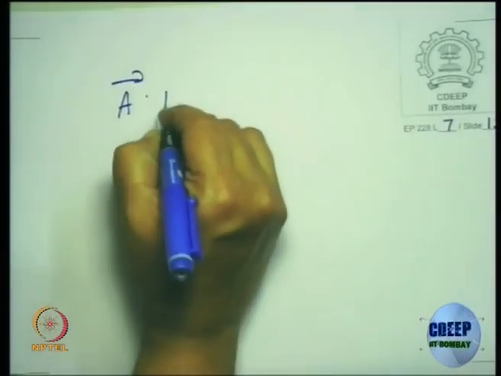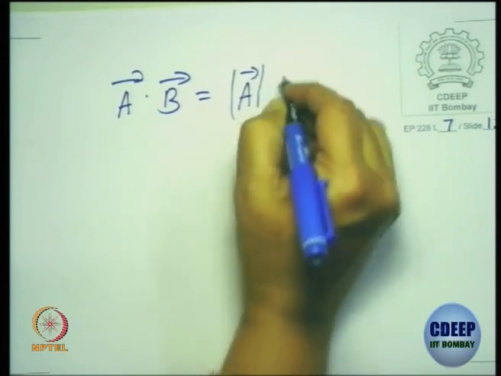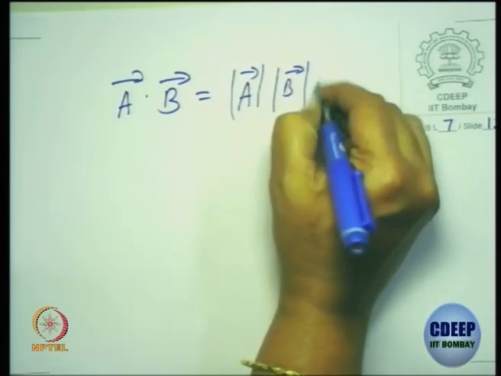So, the next one is A dot B, which formally you would have written as norm A, norm B, cos theta.